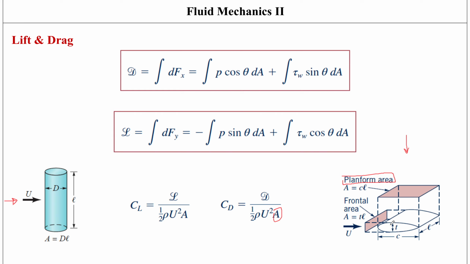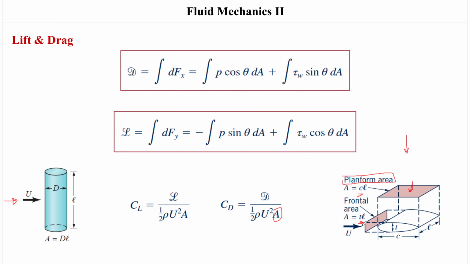And then that would be equal to basically thickness into the length of it. Sorry, the width into the length of it. So that would be CL, right? And the frontal area is going to be equal to, for this one, the thickness of the body multiplied by the length of it, because I'm looking at it from this direction, right? This is the planform area, this is the frontal area.